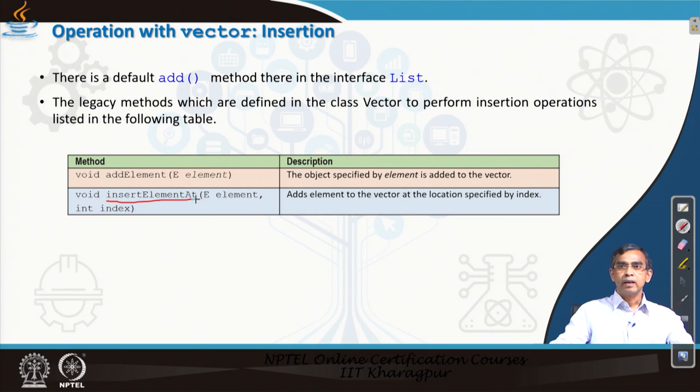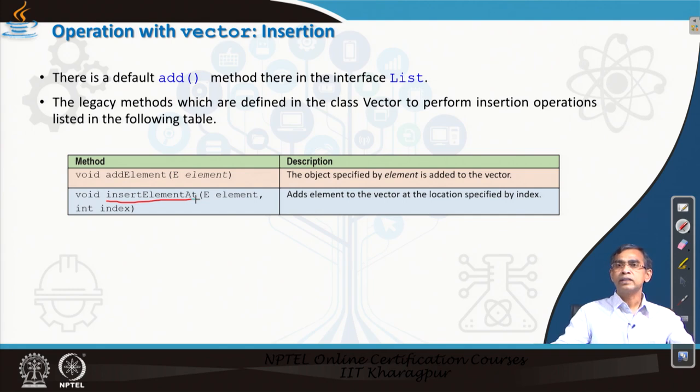As the name of the method implies, you can insert a particular element at a particular location of a vector. If, for example, in an array of size 5 you want to insert at location 10, it will definitely throw an array index out of bound exception, an error. But in the case of a vector, you have created a vector of size say 10 and you want to insert at, say, 20.